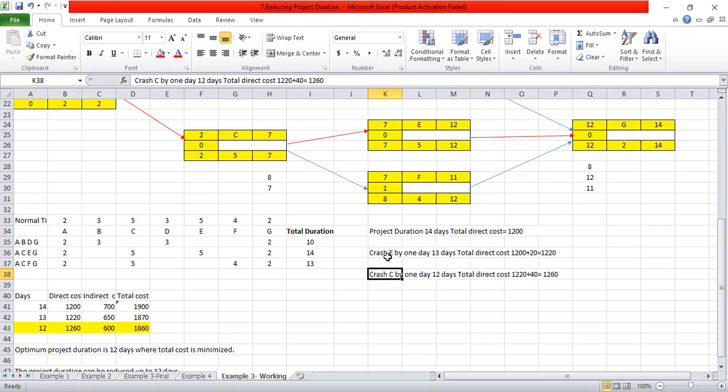Likewise, when you crash activity E, crash E by 1 day. If you are crashing E by 5 days, you have to write that down as well. So the days and total direct cost, right? For those things, I am assigning marks, right? Therefore, please write down all these things.